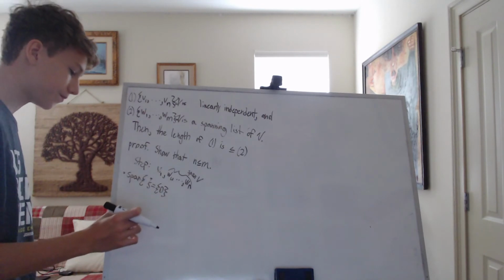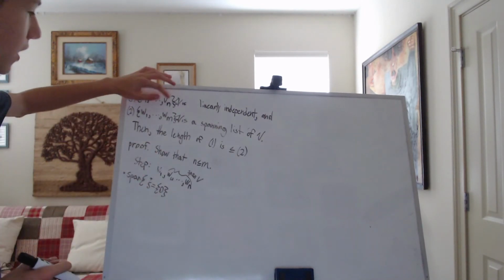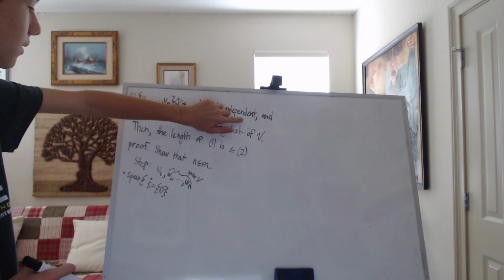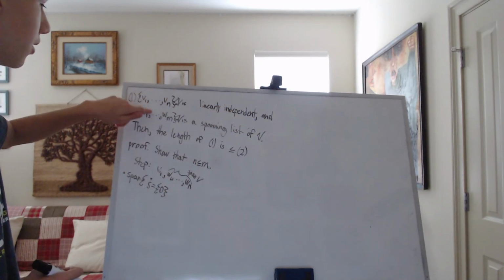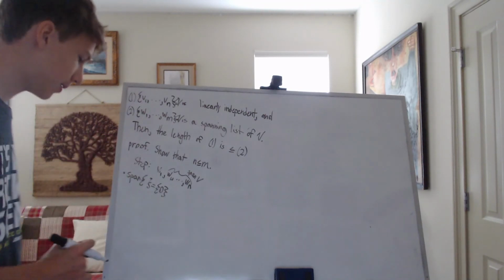However, v1 through vn is assumed to be linearly independent, and so v1 can't be 0. Otherwise, that would contradict the fact that it's linearly independent.